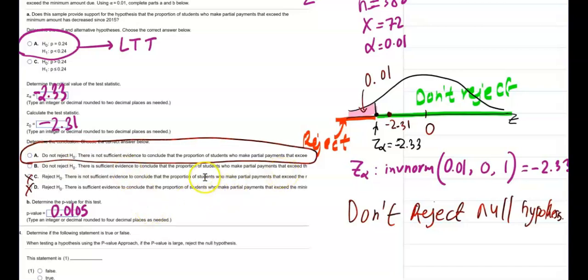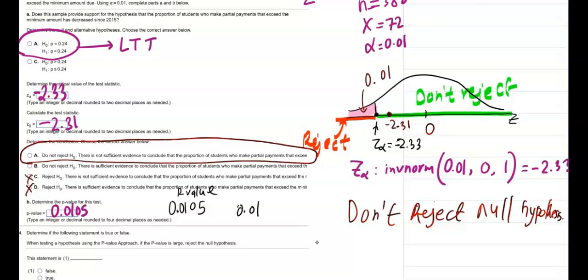So that's how you check the hypothesis using the classical method. Also, you can use the p-value method. As I said before, you can see by yourself. The p-value is going to be 0.0105. The alpha is going to be 0.01.